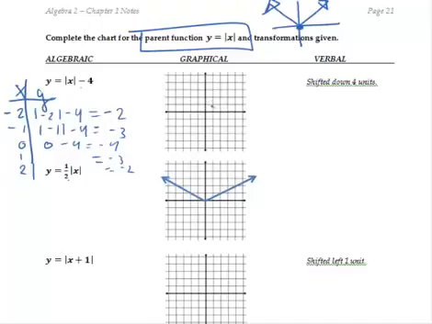So if we plot these points on here, -2, -2, -1, -3, 0, -4, 1, -3, and 2, -2. So there's our graph.